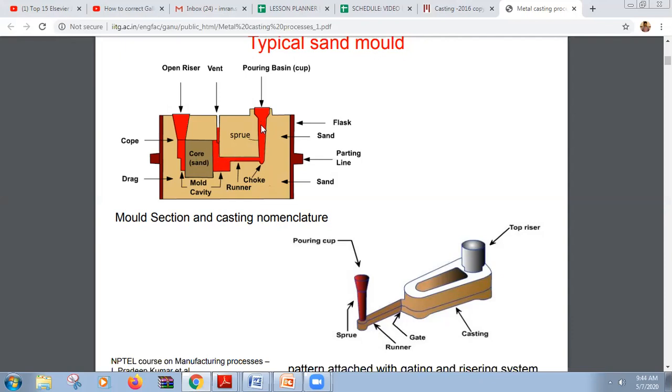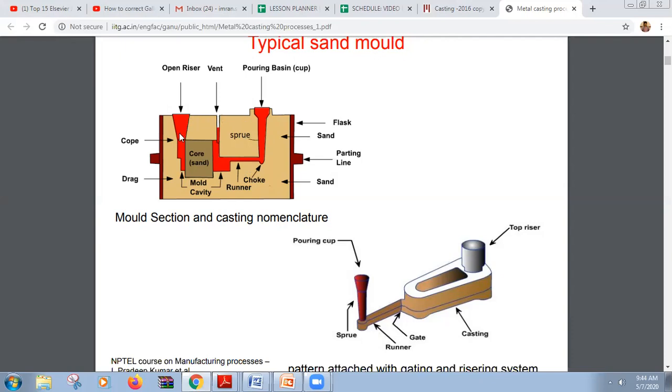Once we place the pouring basin, runner, part, core, riser, and then the vent is given, after these devices are placed in the cylindrical shell, we again start filling molding sand in this.